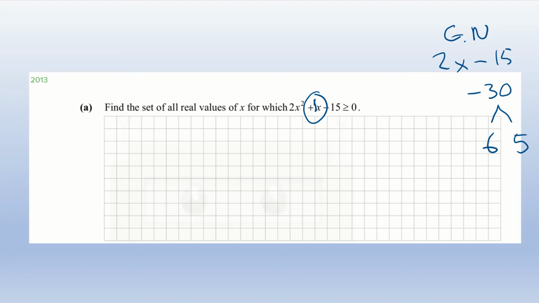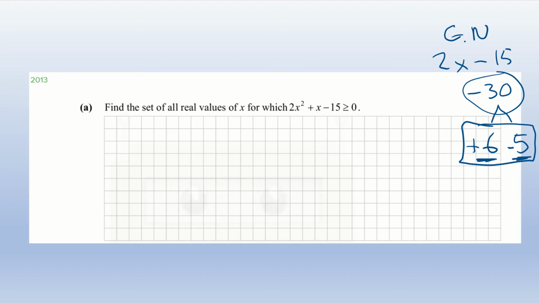So I want my signs for 6 and 5 to work with what I have so that I end up getting a plus 1 when I add them together. So I'm going to make my 6 a plus, and I'm going to use negative 5. As we can see here, plus 6 multiplied by negative 5 will give me my minus 30, but 6 minus 5 will give me my plus 1.